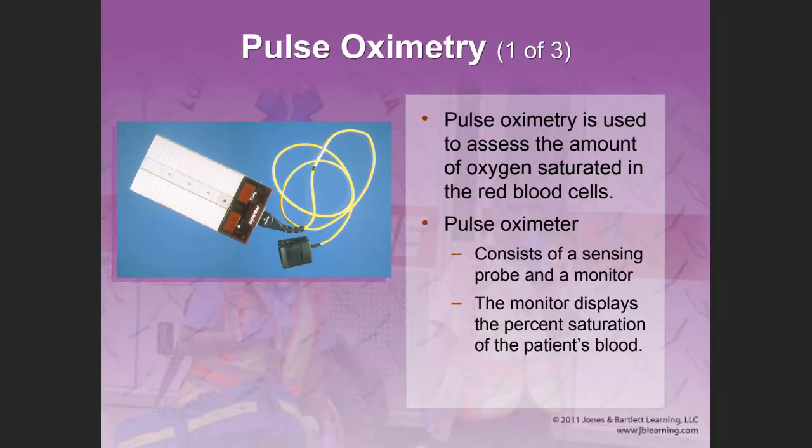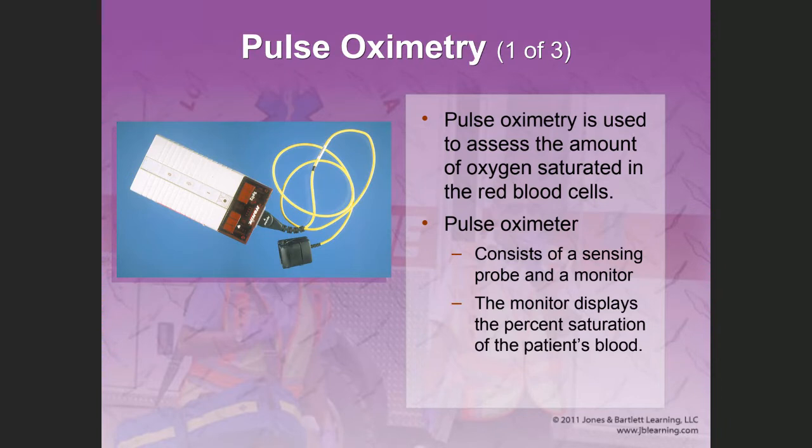Now, pulse oximetry is a device that you may have in your EMR toolkit. It measures the oxygen concentration in the blood within the capillaries. It has a probe that is able to pick up the oxygen molecules on the red blood cells, and it gives a percentage.